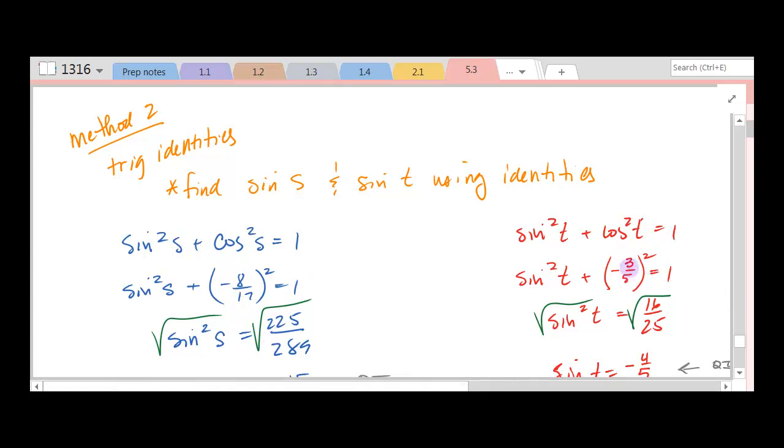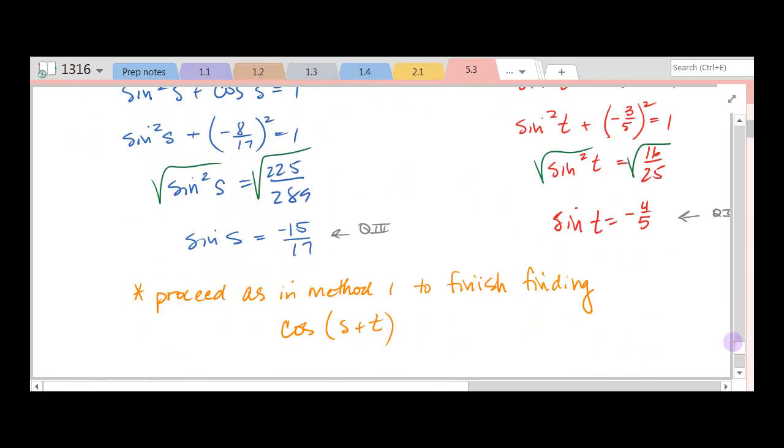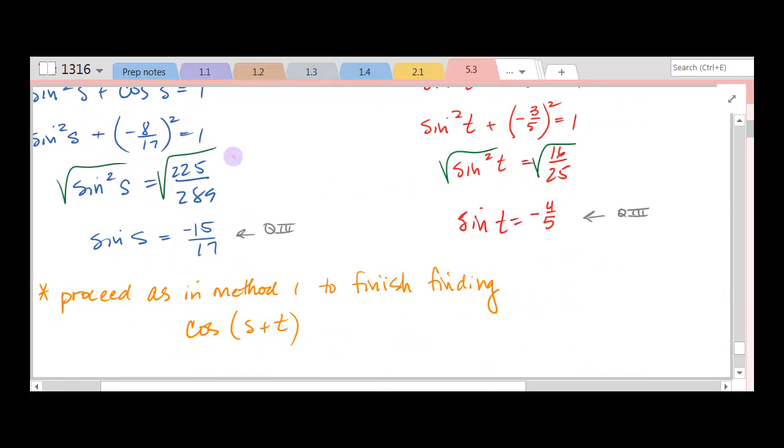And I would do it again over here for the cosine of t. Simplifying both of these equations separately, of course, you find that the sine of s is negative 15 over 17, and the sine of t is negative 4/5, which is the same thing that we found using the previous method, or method 1.